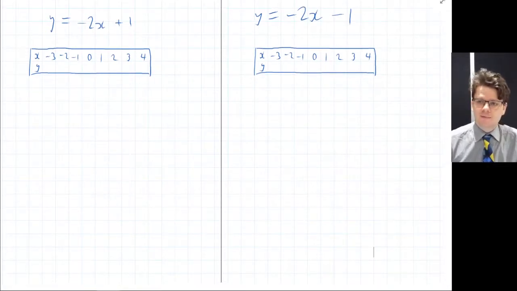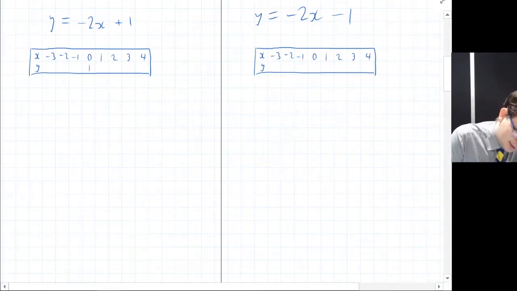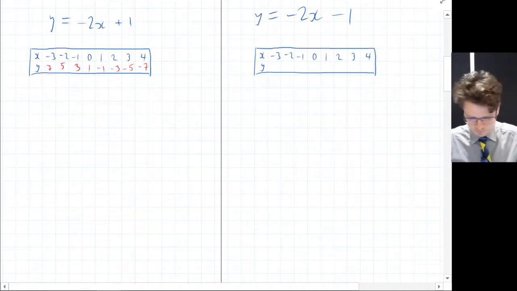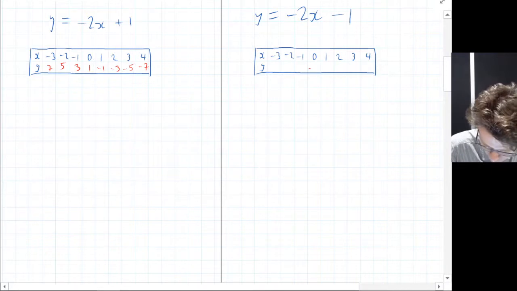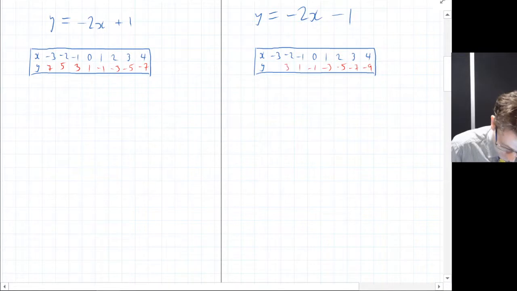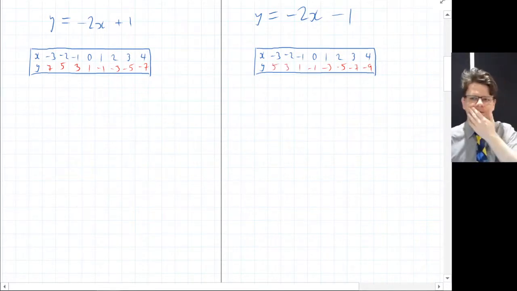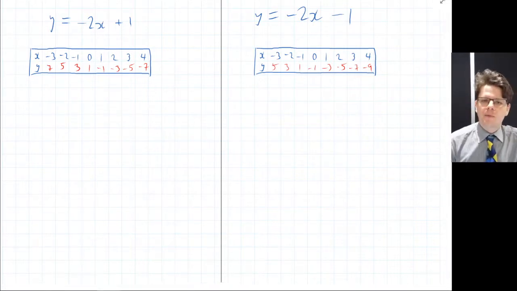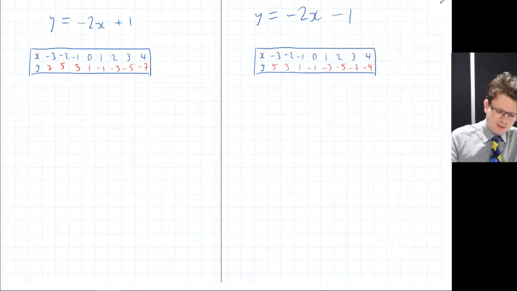So first thing I'm going to do is fill in both of our tables. So in this case, this is my table. And your table is going to look like this. Alrighty. So I've just quickly worked out those tables. So step number 1 that we're going to do, turn these into points.